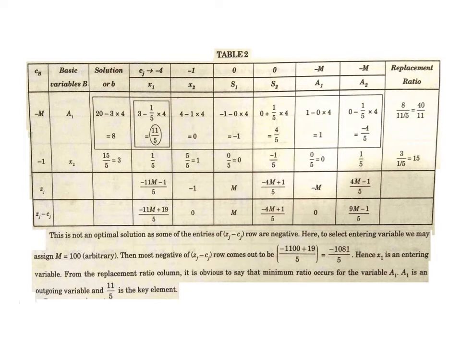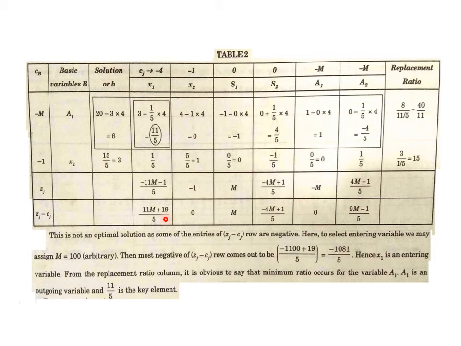Now you can see table 2 is obviously created from table 1 and the facts which we were discussing in the previous slide as per table 1. And after creating table 2, usually again Zj and Zj minus Cj are calculated, and then we have the most negative value, as can be seen there.